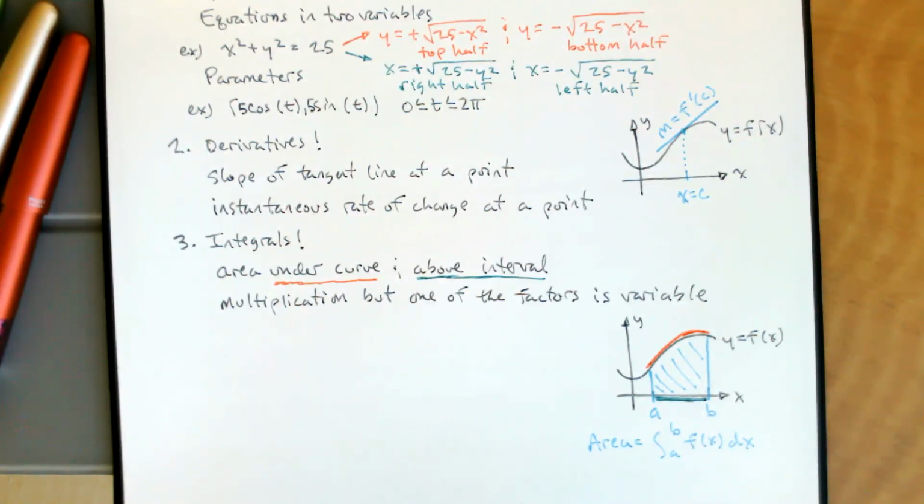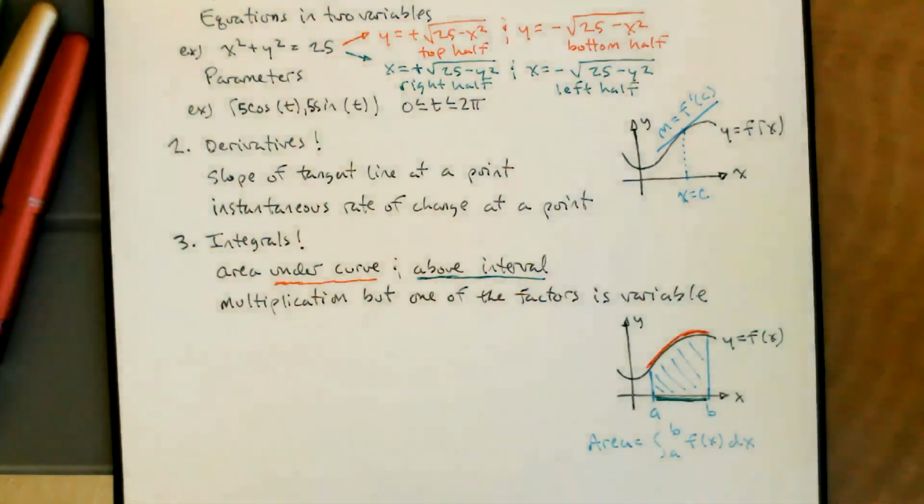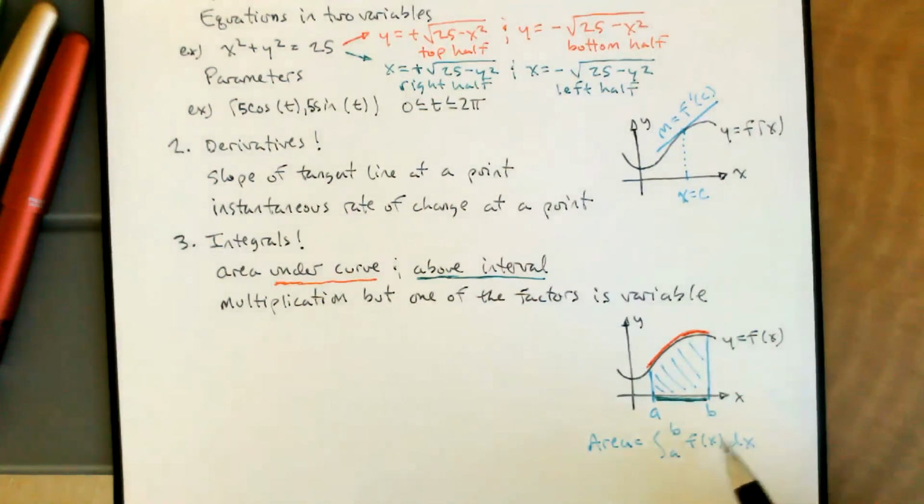In the same way, the integral is telling us the function to serve as the variable height, and the interval from a to b, which is a set of values that we're plugging into the function. So when we look at the integral symbol, we see that we're calculating f of x dx.